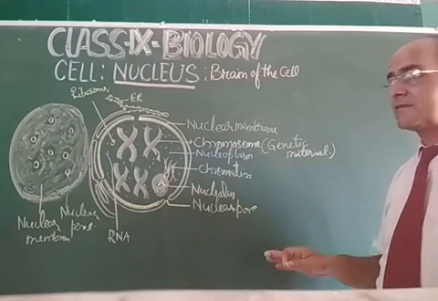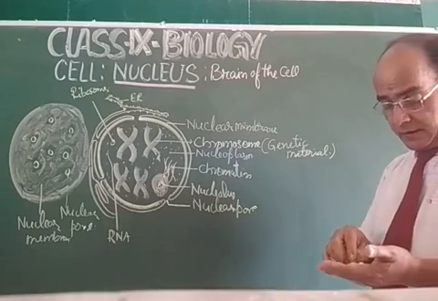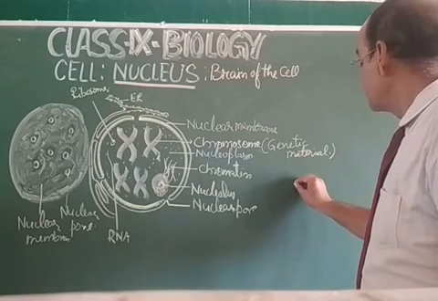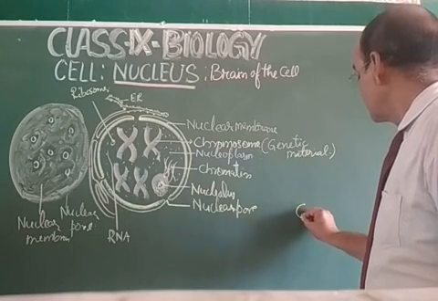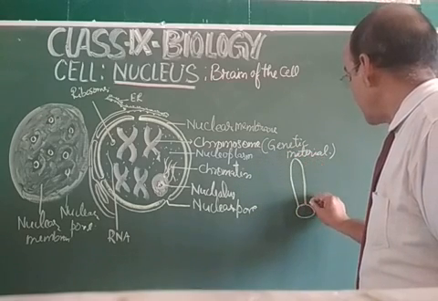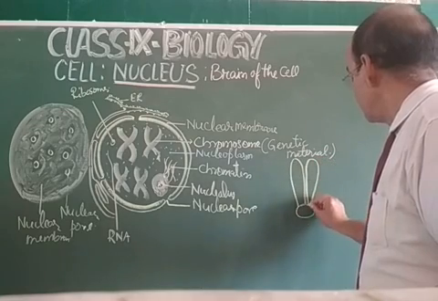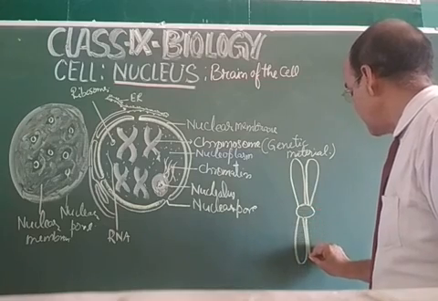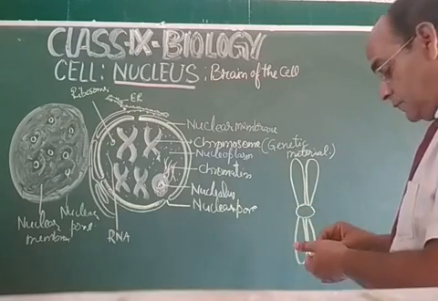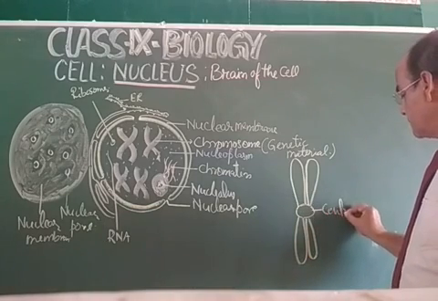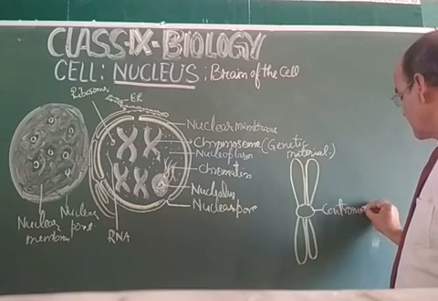My dear student, let us see the structure of the chromosome along with this. This is the centromere. This is the arm. Chromosomes are always in pairs. So this is a pair of chromosomes, and this is called the centromere.